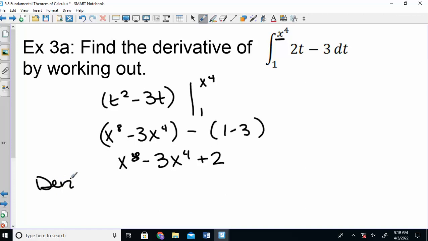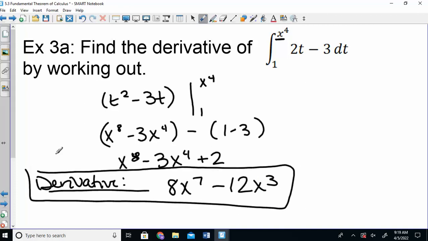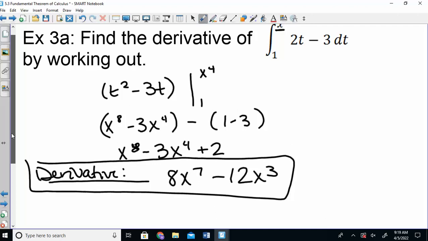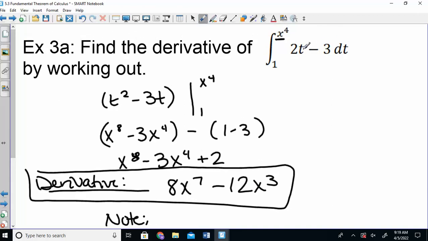Then the derivative of that would be what? 8x to the 7th minus 12x cubed. All right, so we're trying to see if we can find a shortcut. Okay, the fundamental theorem of calculus. We know that if this just went to an x, you would just plug it in.